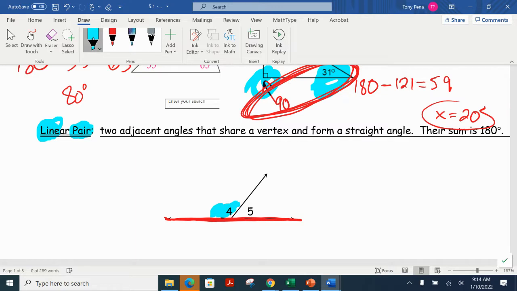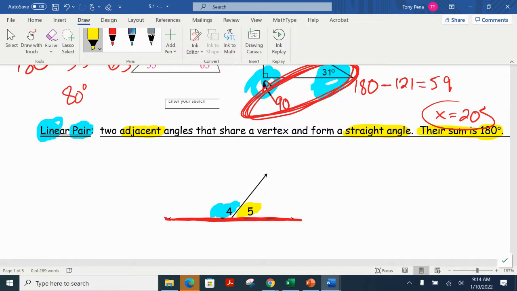This angle and the angle 5. So those are our linear pair. Adjacent means they're right next to each other. So they're 2 angles that are right next to each other. They share a vertex and they form a straight angle. That was one of the words from Friday. A straight angle is basically a line. Those have to add up to be 180 degrees.